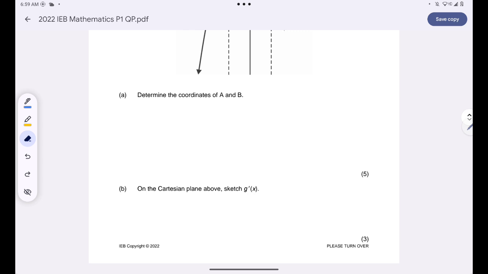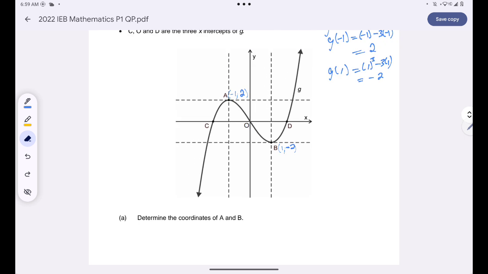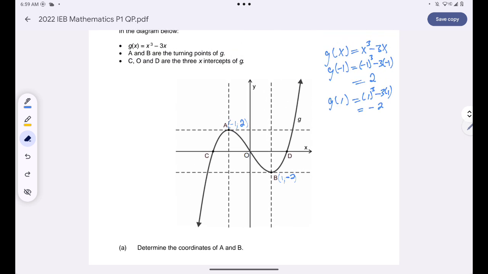On the Cartesian plane above, sketch the derivative function, g prime of x. Okay, g prime of x will be equal to 3x squared minus 3, right? So it simply means I will have my curve like this.